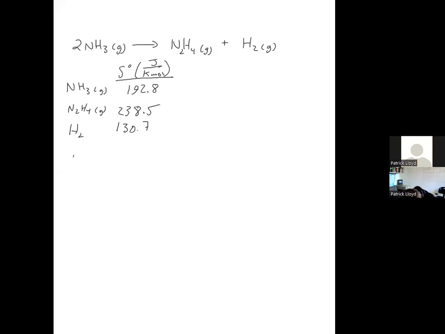So again, your change in entropy under standard conditions is the sum of the number of moles of each product times the standard entropy of each material, minus the sum of the number of moles of each reactant times its standard entropy. Okay, so let's figure this out.